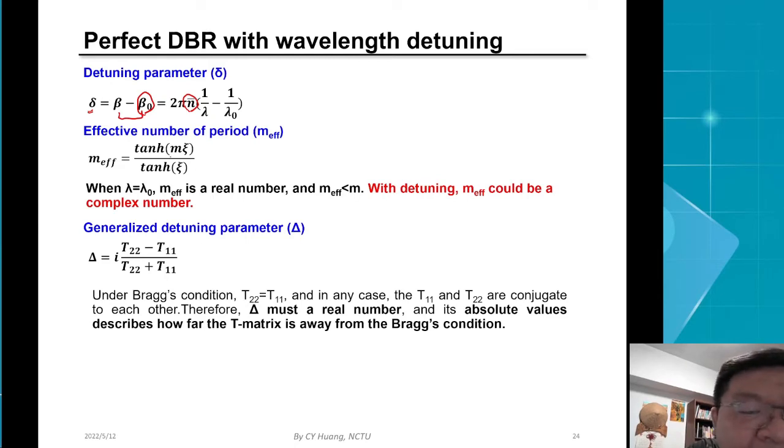We know that this is the reflectivity of one pair, and tanh(m ...) is the reflectivity of m pairs. The effective number of pairs means that if the reflectivity is small, the power sums up for every pair: one pair, two pairs, three pairs. So it is how many pairs would be equivalent if we only assumed power summing at each little interface.